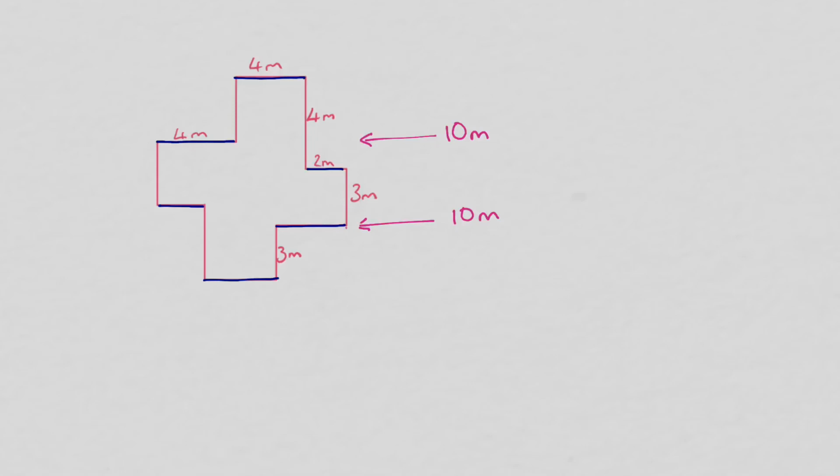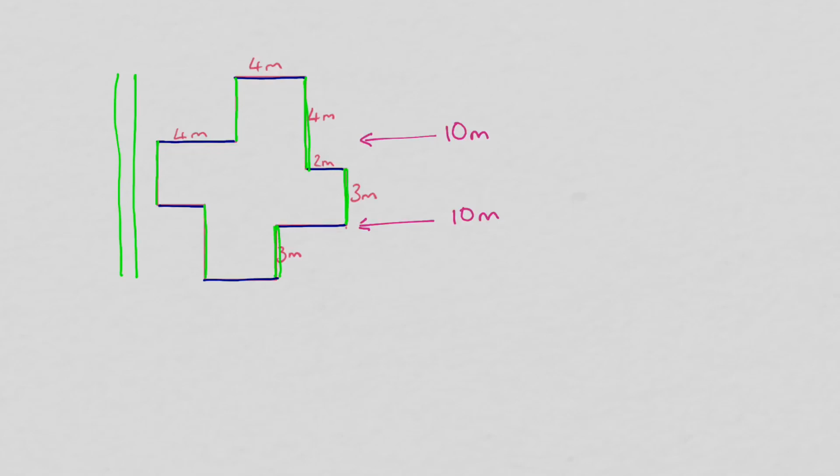Okay, we can do the same looking at the vertical lines now. If we look there, there, and there, those 3 lines go all the way from the top to the bottom of the shape, don't they? So they make a total of that length. Also, this one and this one are the same length. So we've got 4, 3, and 3.